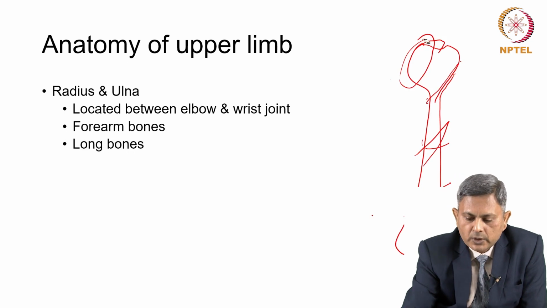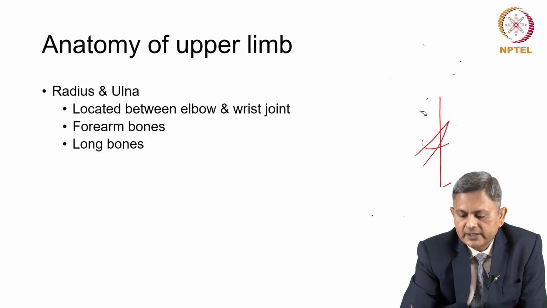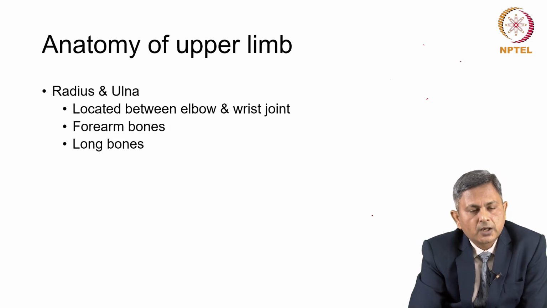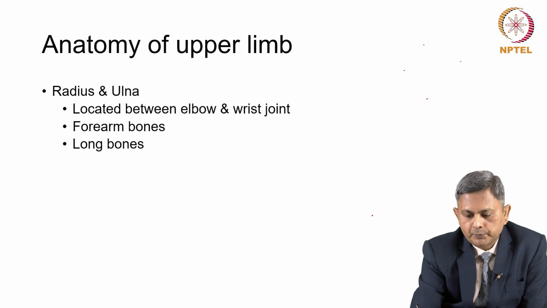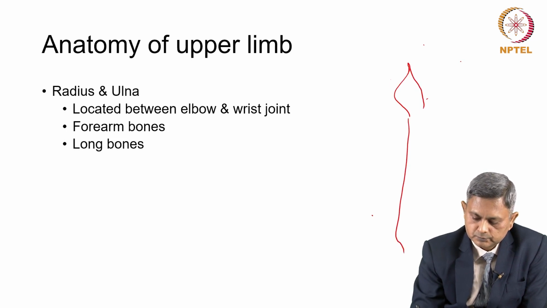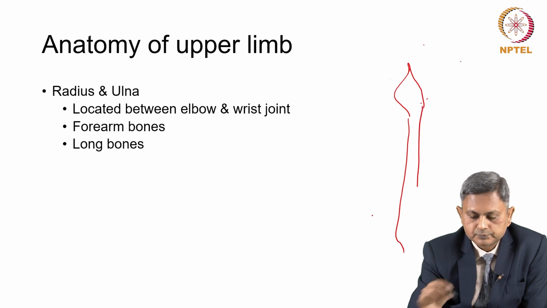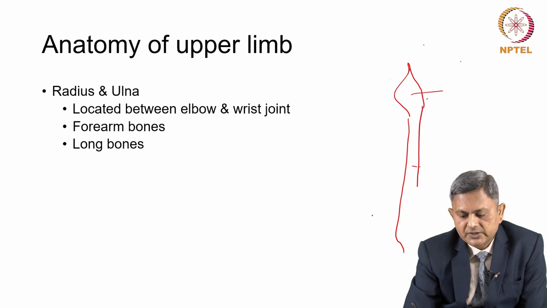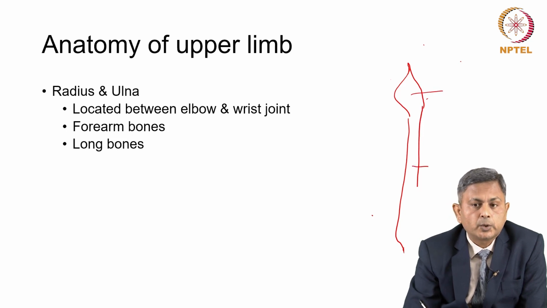Then comes our forearm bones, that is our radius and ulna. Radius bone is our lateral bone and ulna is a medial bone. Its upper part is trochlea, and shaft and the styloid.